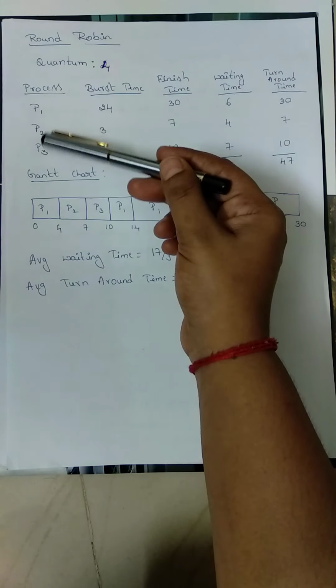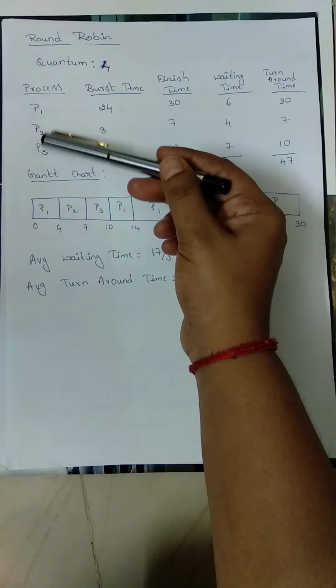That means 4 plus 3 is 7, and then P3 is scheduled. It executes for its burst time of 3, which is added to 7, so it becomes 10. Next, the only process left in the queue is P1.